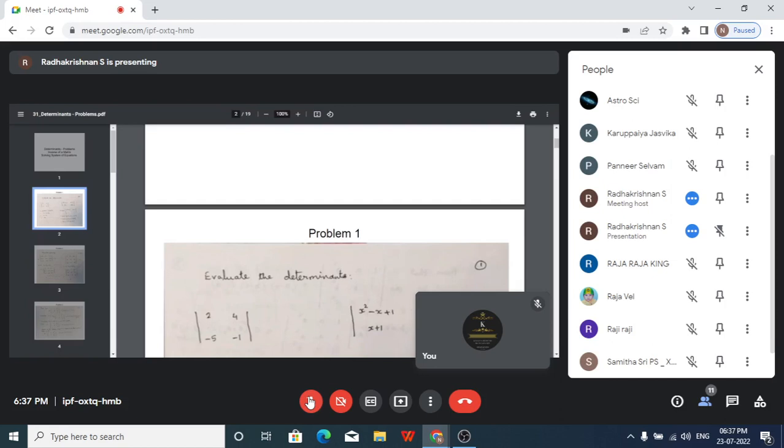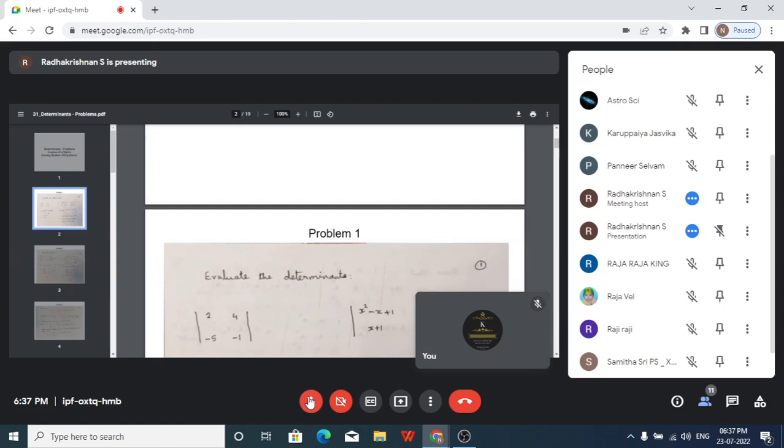Anything strikes you in the second problem? Can we simplify in some way? Sir, x plus 1 into x minus 1 என்றது x square minus 1 ன்னு மாத்தலாம் sir. Correct. That is using identity, you can do that. But before evaluating any algebraic expression or determinant, there is something common that we can take out.